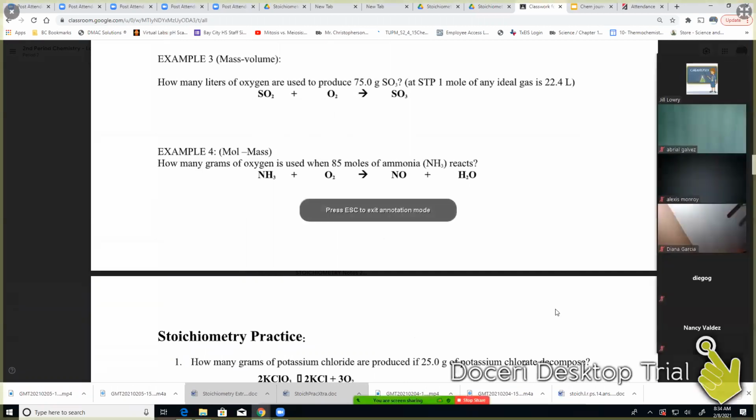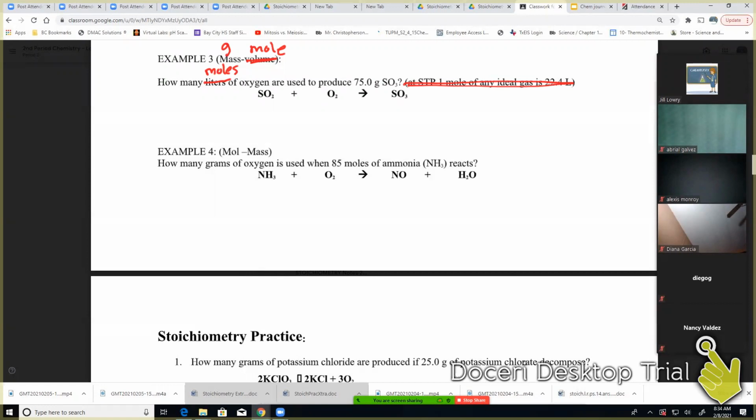So for example 3, instead of doing mass to volume, we're going to do mass to mole. So where it says how many liters, if you'll say how many moles. And once again, don't worry about this STP. So mass is the same as grams.